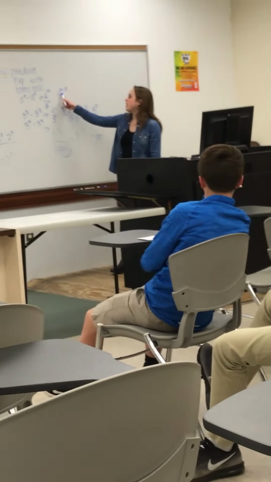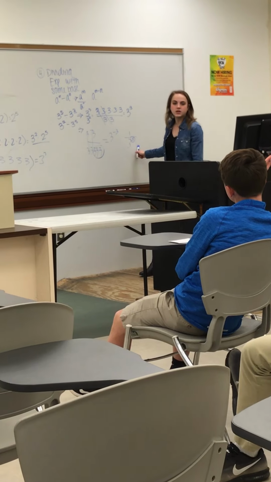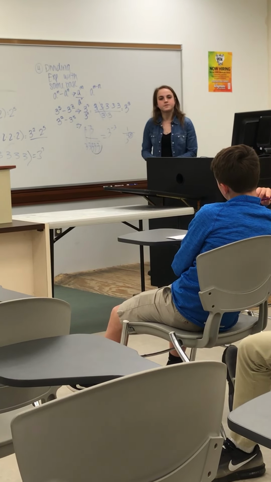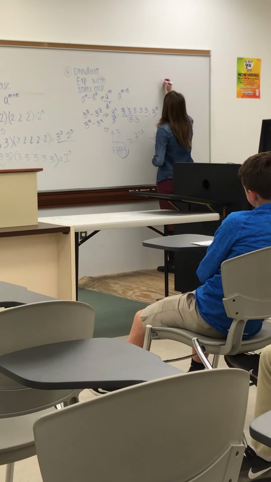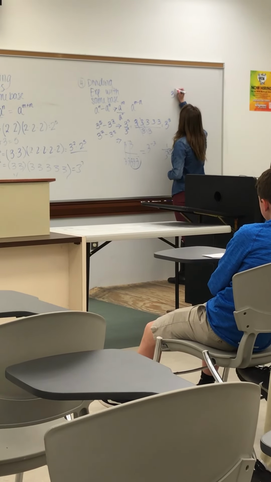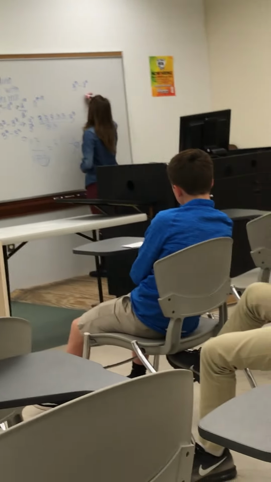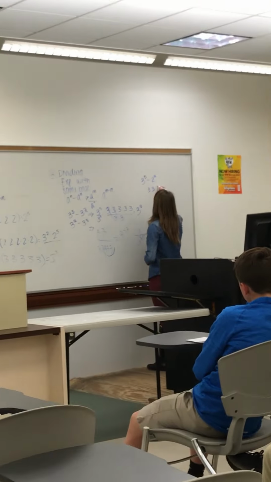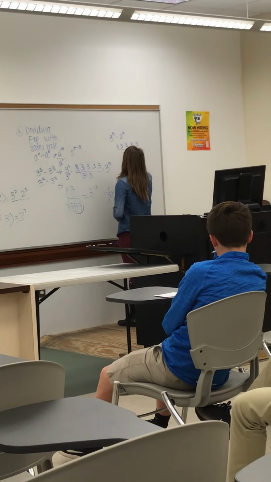Obviously, if m is less than n, you're going to get a negative, so you're going to have to put it into a fraction. What if it's not the same base? Okay, so if it's not the same base, let's look at 3 to the 5th divided by 2 to the 2nd. So that's like saying 3 times 3 times 3 times 3 times 3 all over 2 times 2.